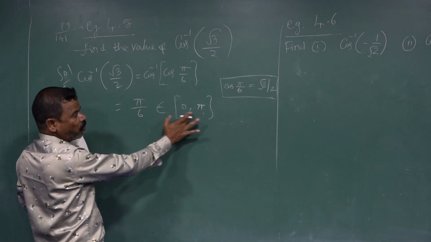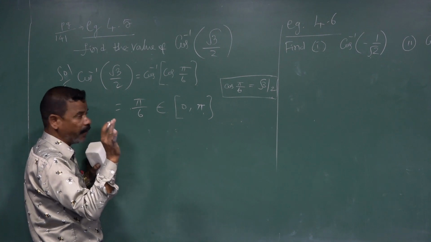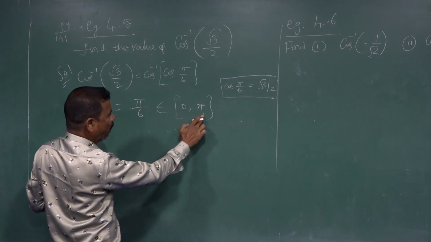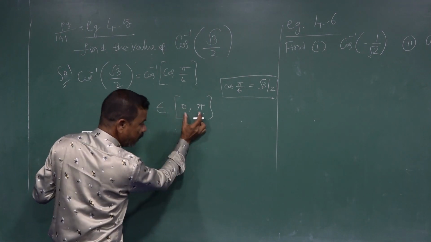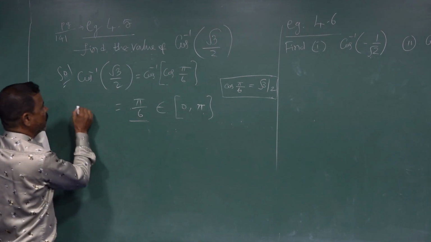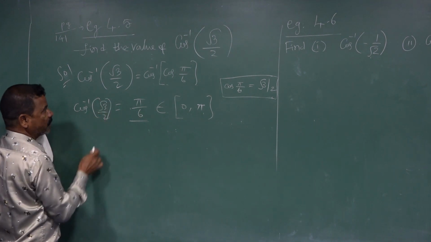For cos it is 0 to 5, for sin it is minus 5 by 2 to plus 5 by 2. So does this value belong to 0 to 5 or not? 0 to 180, and this is 30. So this value is compulsorily included in this range. That's why the total value is 5 by 6: cos inverse of root 3 by 2 is 5 by 6.